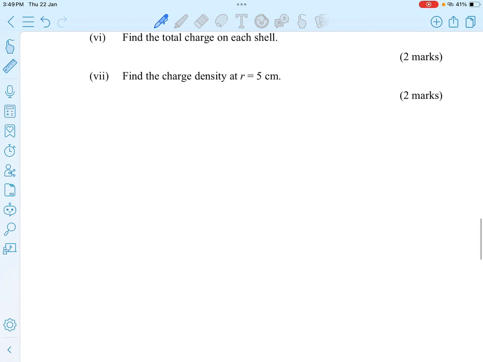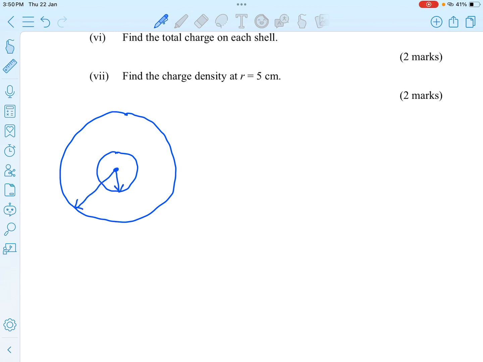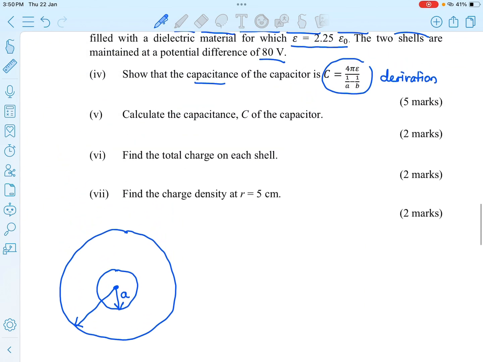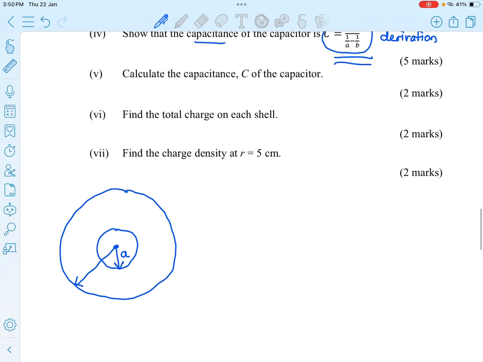So this is the case. You have an outer shell and an inner shell. Remember what the question says. You have two radii, right? For the inner radius, it is 5 cm, but here we use an alphabet letter to represent it because we need to derive the equation for capacitance.